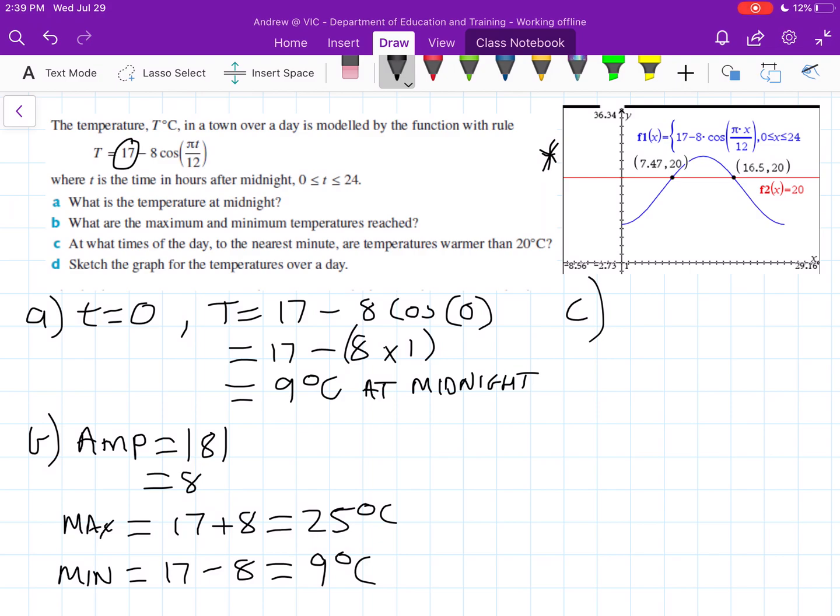So what we actually need to do here is work out the times when it's equal to 20, and you can see I've done this here. I've used the intersection on our CAS to work this out.